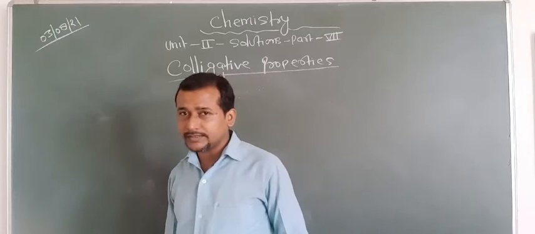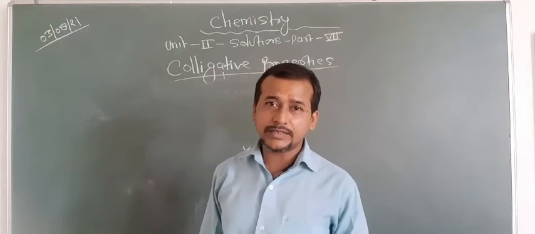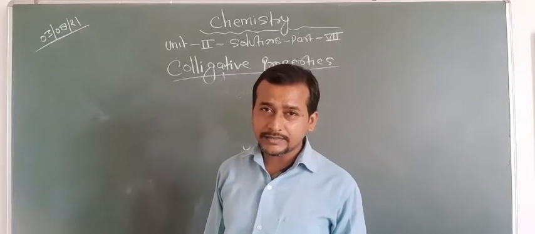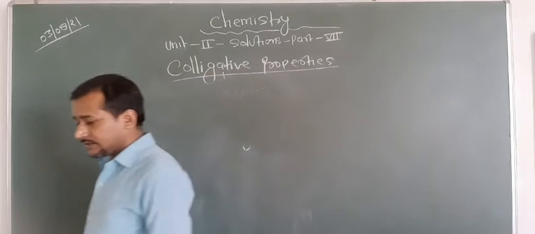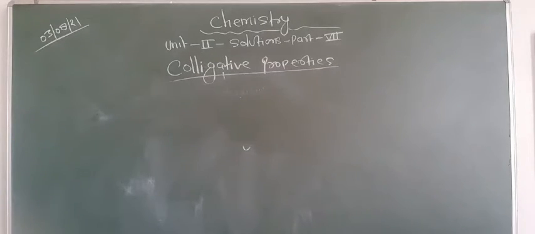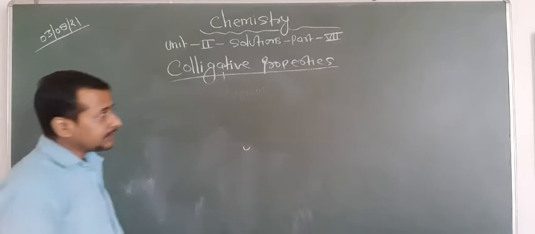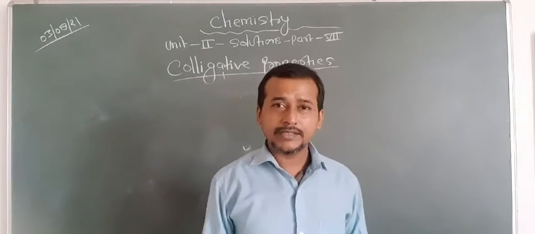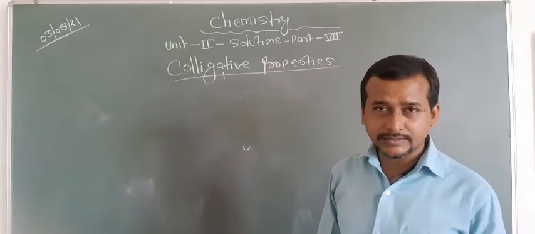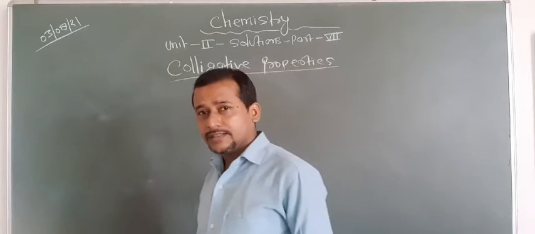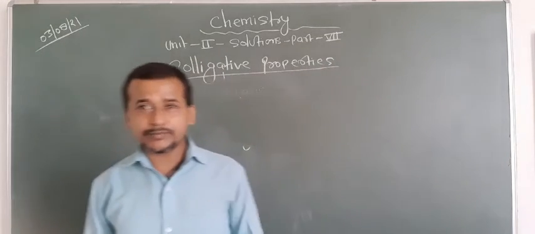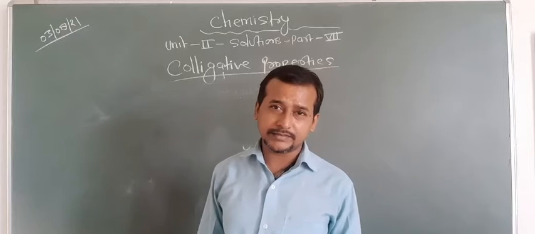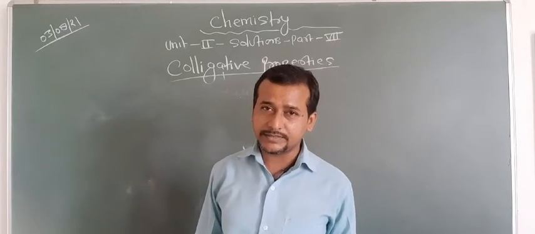But they do not depend upon the identity, that is the nature, of the solute. So those properties which depend only upon the amount, concentration or number of solute particles are known as colligative properties.